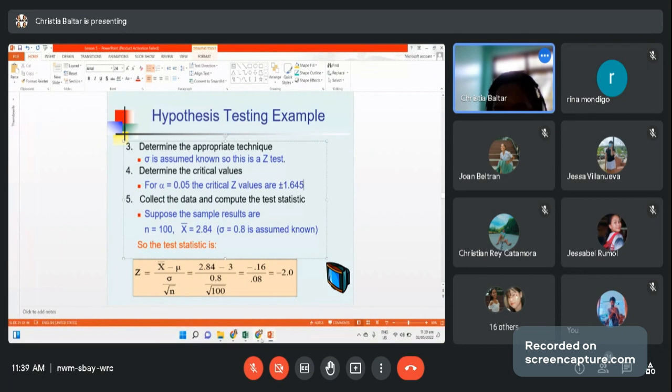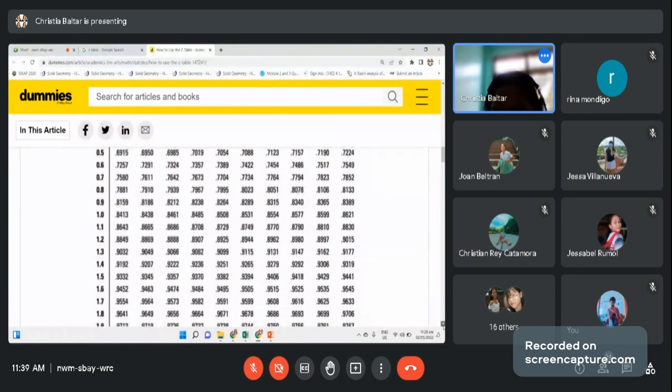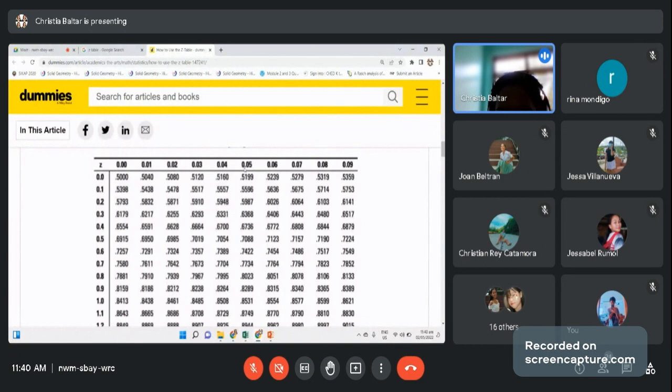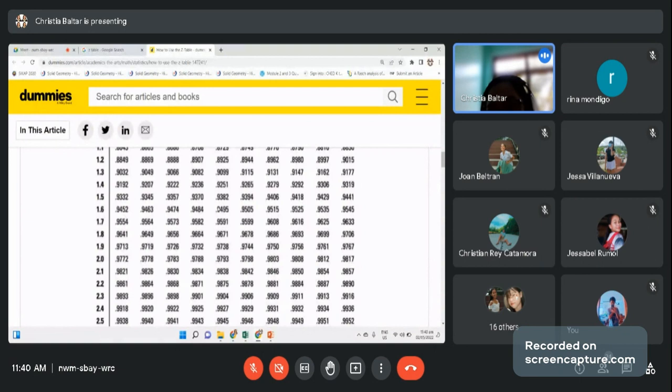Take note that we are using the Z table to look for the critical value since our statistic is a Z test. So the 0.95 is exactly in between 1.64 and 1.65, right? This is 0.04, 0.05, and this is 1.6, so that's 1.64 and 1.65.